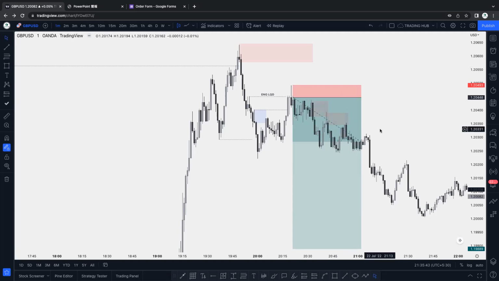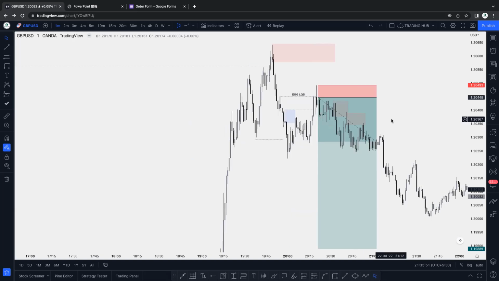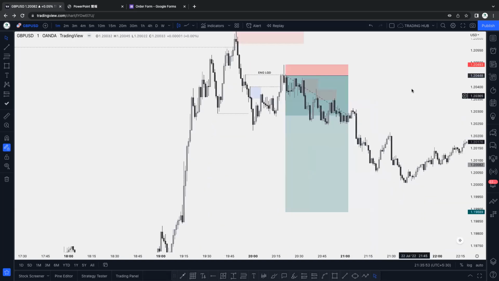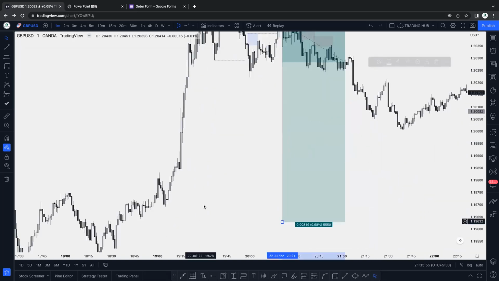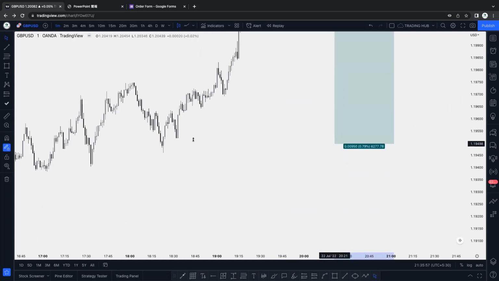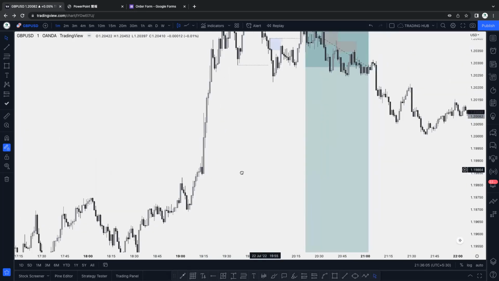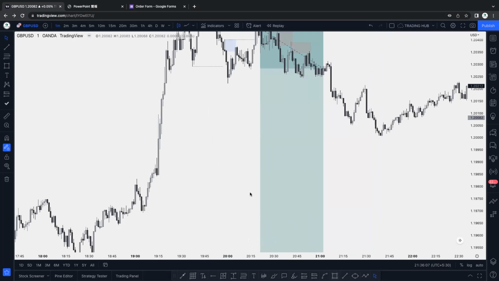Again, we can add more positions here, but this is our entry type 3. And these are single candle mitigation entries. Our target should be the recent low, which is here. Okay. And this is our smart money trap.